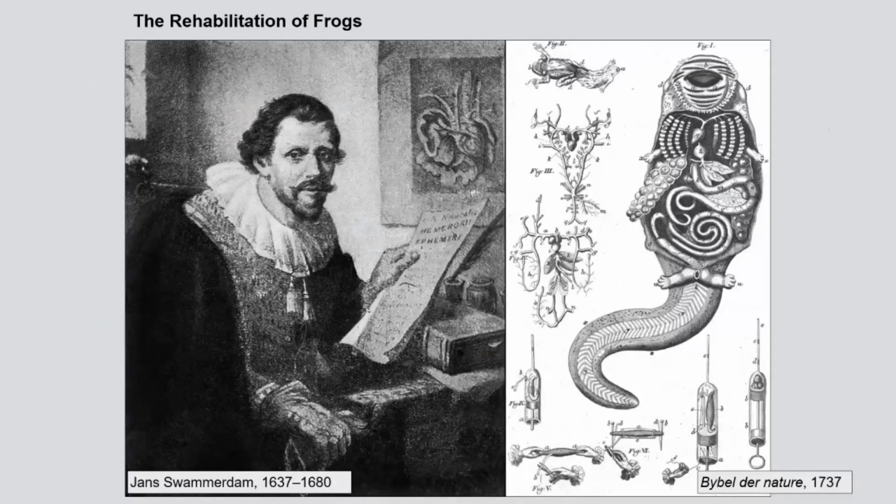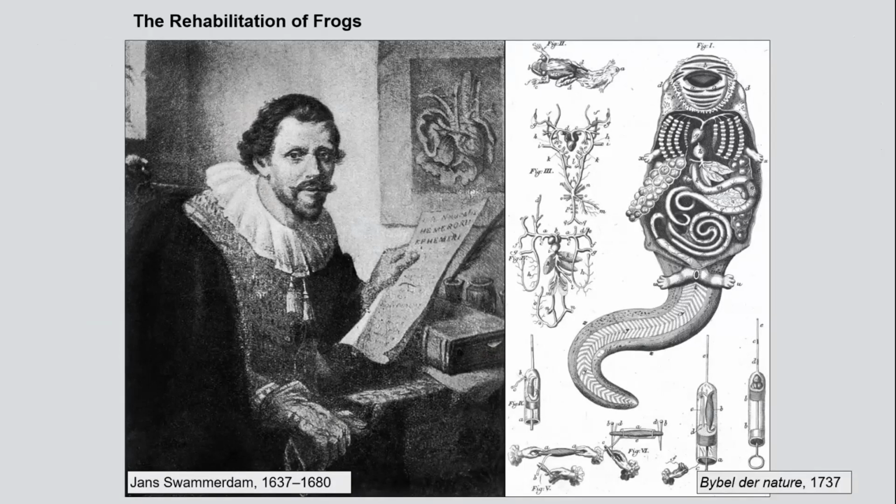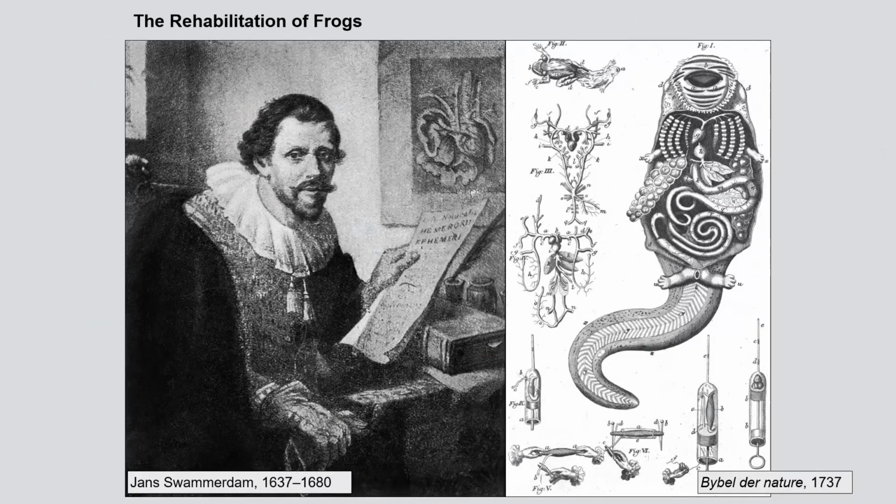But interestingly, frog science was rehabilitated in a way by this Dutchman, Jan Swammerdam, who really in the 17th century started using microscopes to look at the insides of animals. He's most famous for working on insects. However, he also worked on tadpoles.